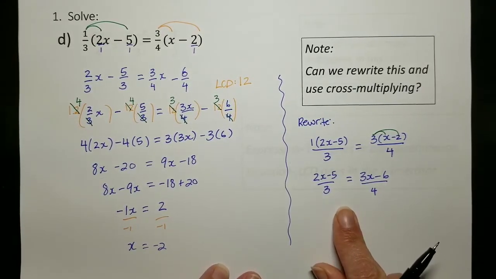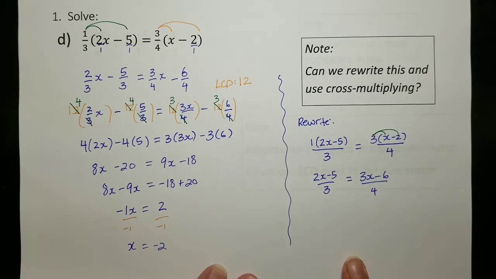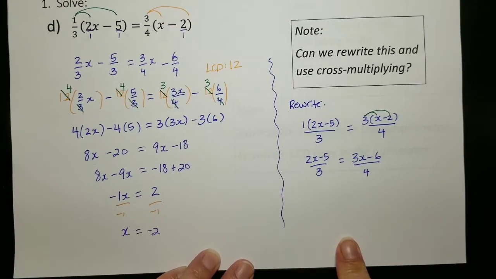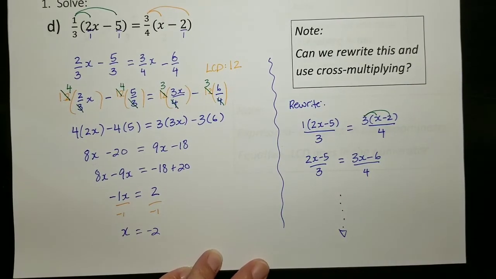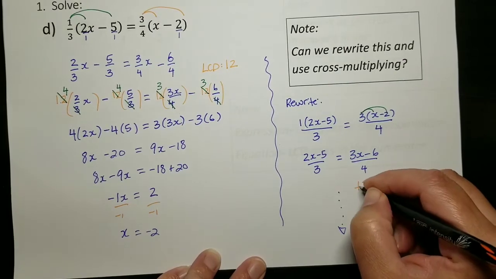Then you could cross multiply from here and you would get the same answer as we got doing it the other way. So I'm going to say dot, dot, dot, keep going there. Then you would cross multiply.